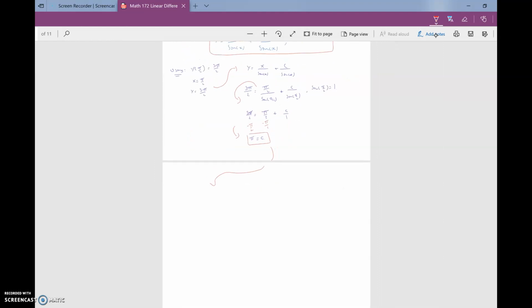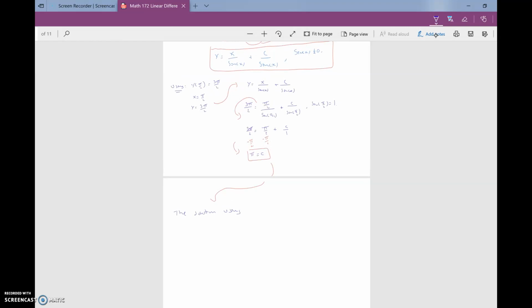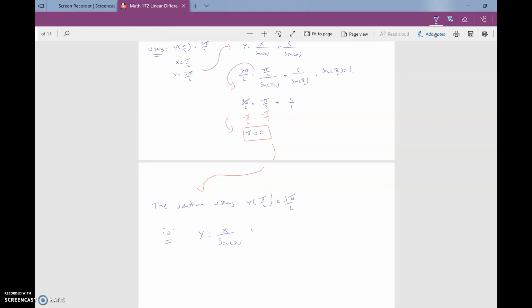Okay, so the particular solution using y of pi over 2 is equal to 3 pi over 2 is y is equal to x over sine of x plus pi over sine of x, assuming that the sine of x is not equal to 0. That would be our particular solution.